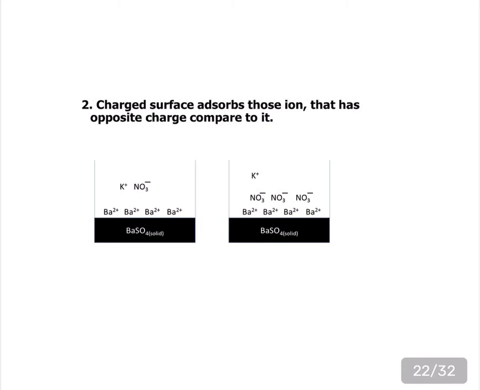And as a result, only negatively charged ions will be attracted to the solid surface. Nitrate ions have the opposite charge, so they will be attracted to barium ions. And as a result, a double layer of ions will form.